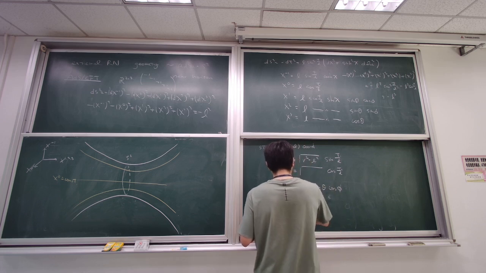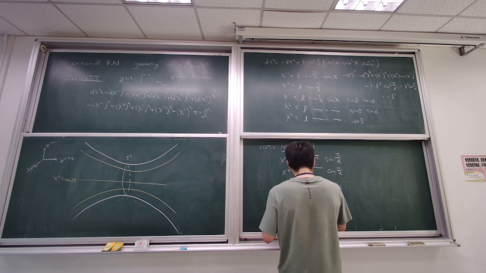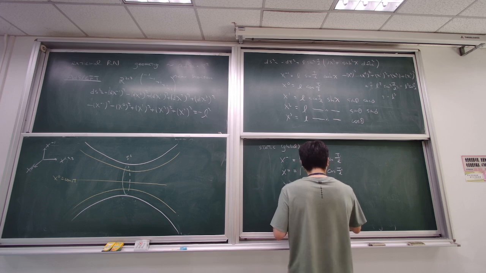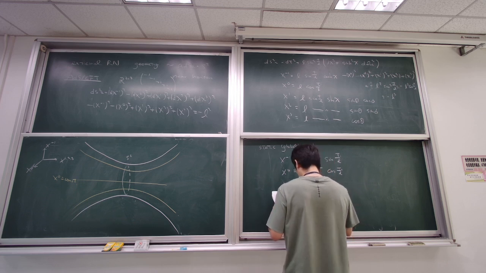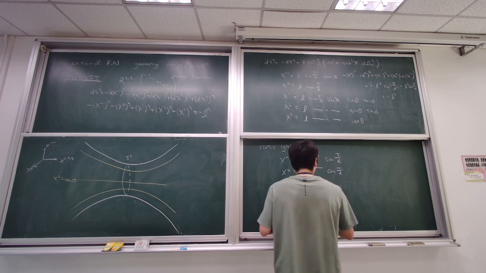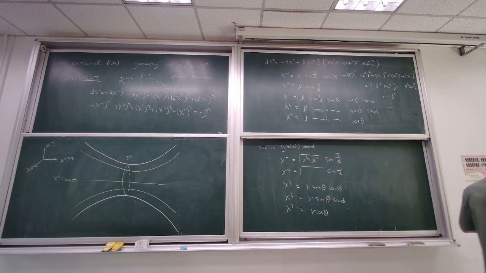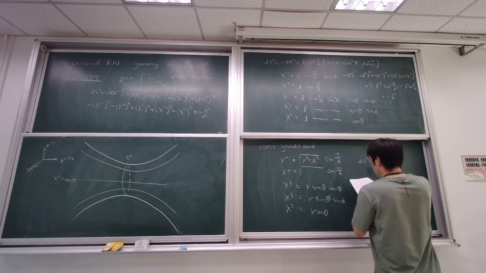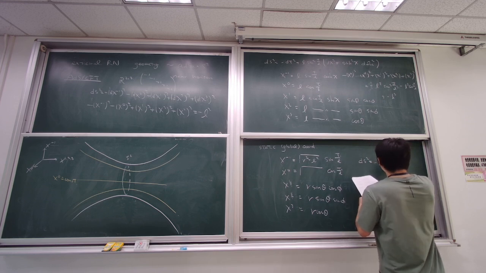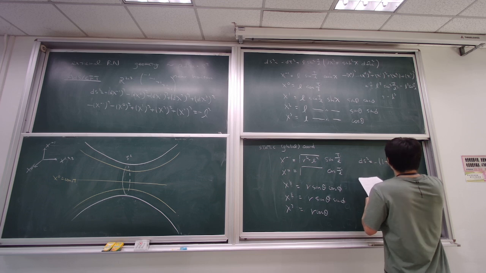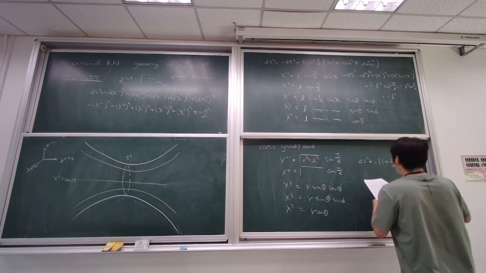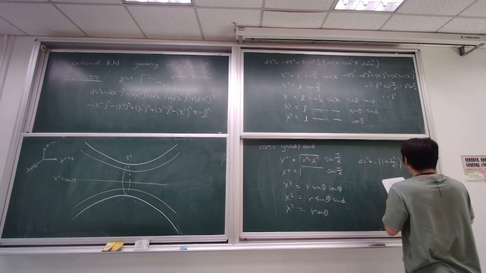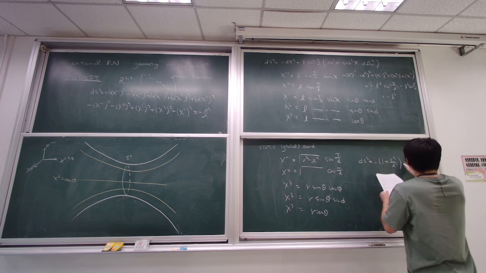Okay, then the induced metric is very similar to what we had before, but here it's much more natural because there's no restriction on the R. Here R can be just a positive number, dt square.